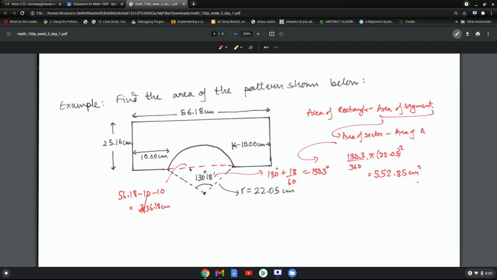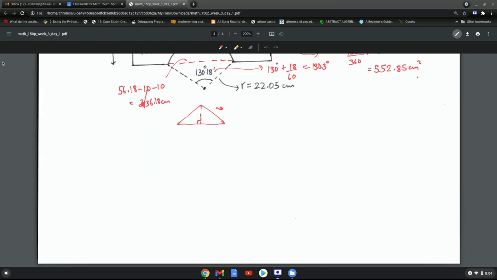All right, so I know the side and I know the two radii, which means, recall the strategy I can use is drawing this perpendicular, knowing that this side is 22.05.